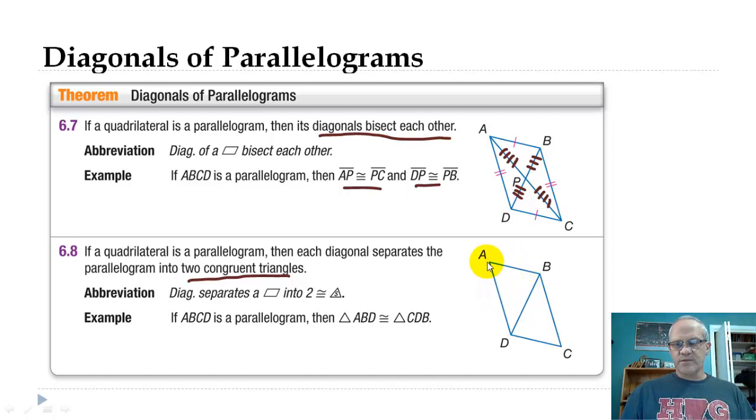Well, this is a parallelogram, so the opposite sides, AB is congruent to DC, AD is congruent to BC, and these two smaller triangles share this side, which has to be congruent to itself. So by side-side-side congruency, those two are congruent. That might be something you could use as well in a parallelogram.